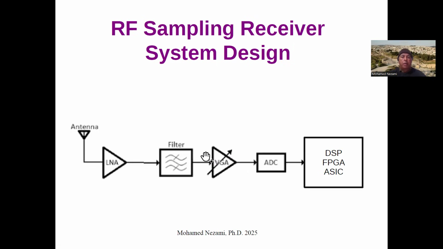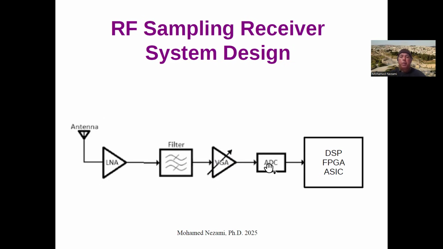This block diagram is only for illustration, so we could have filters in here and in here and a few more stages and so on. But usually it's made up of a low noise amplifier in the front end, some pre-selection filtering and shaping, and then a variable gain amplifier, or voltage controlled gain amplifier, that drives the A to D. And then of course we have the FPGA or ASIC.